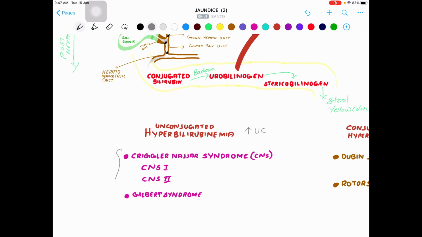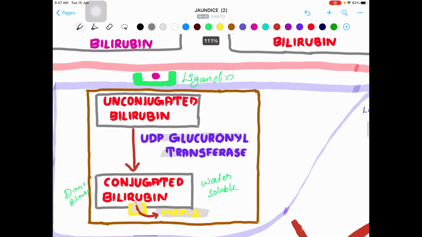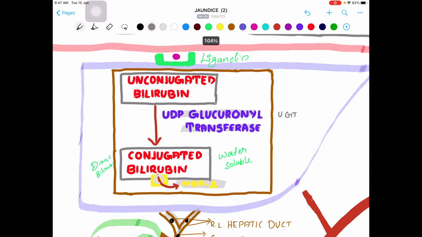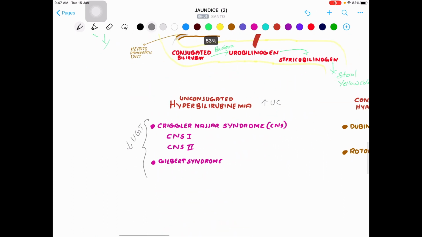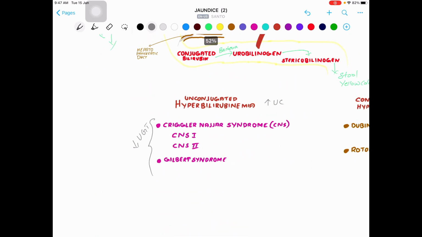The cause of all these genetic defects is a decrease in UGT. What is UGT? We have already discussed UGT, that is UDP glucuronide transferase. If UGT is decreased, unconjugated bilirubin will be overloaded in the liver and can be spilled back into the blood. So here unconjugated bilirubin will be increased in the blood.